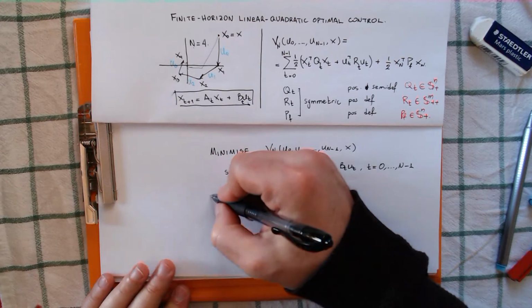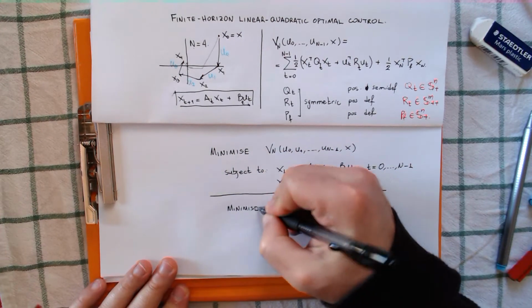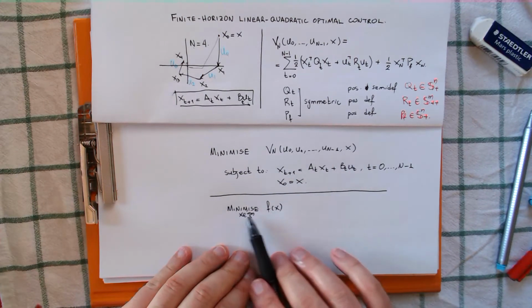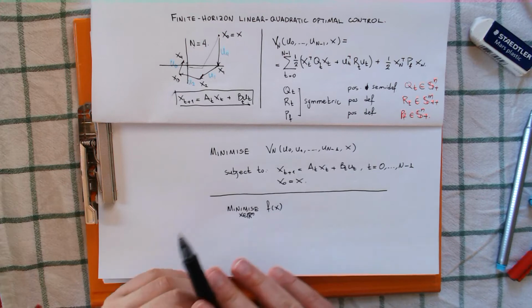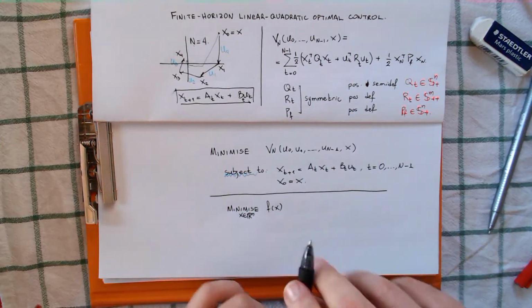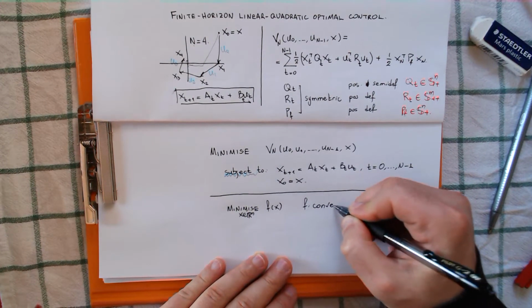And it would be a lot simpler if the problem were given in this form actually. If we were able to write the problem in such a way, minimize some function f without this peculiar subject to, then it would be very easy to solve it, especially given that function f is convex.